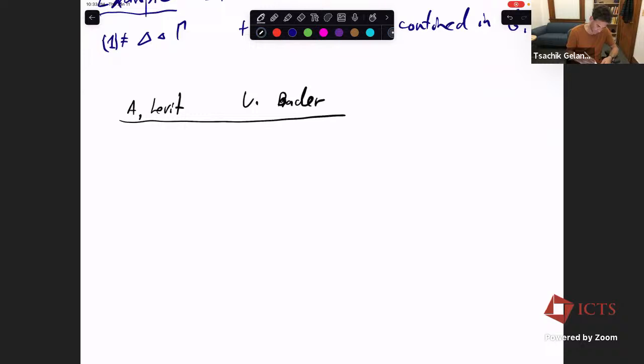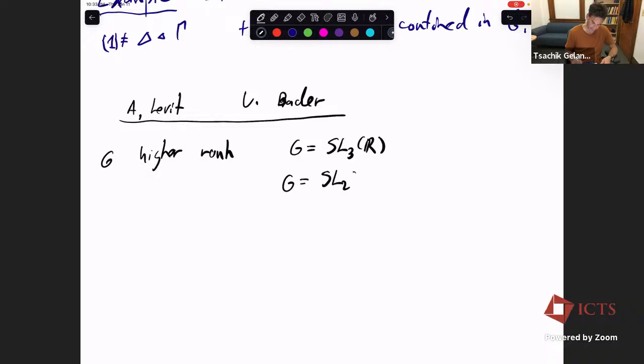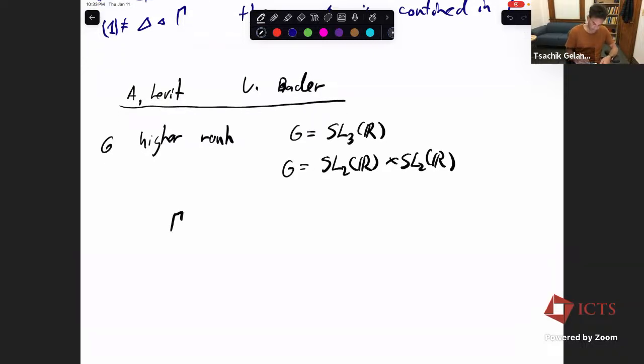If G is a higher rank semi-simple Lie group, so G is, for instance, SL3R, or SL2R cross SL2R, and gamma is a lattice.